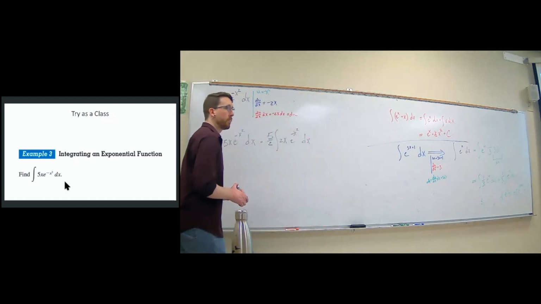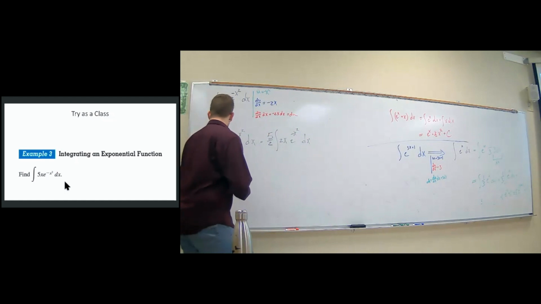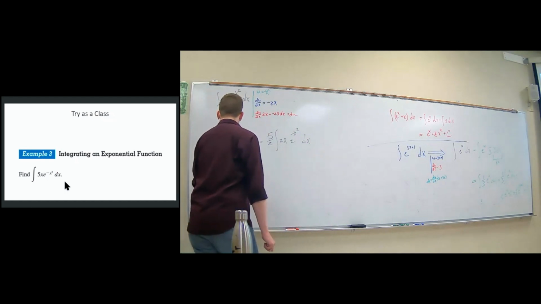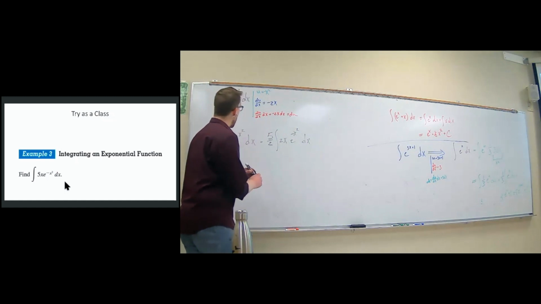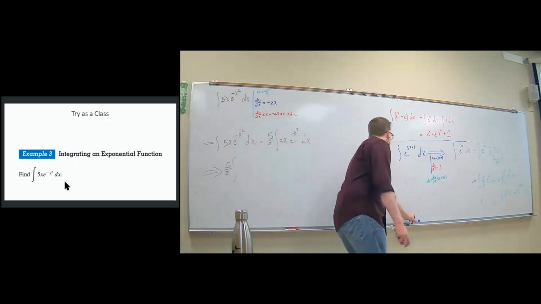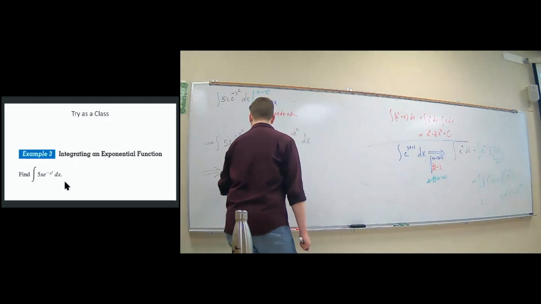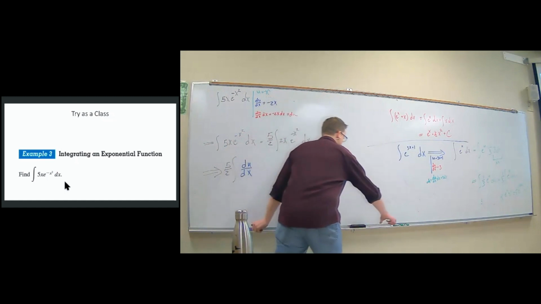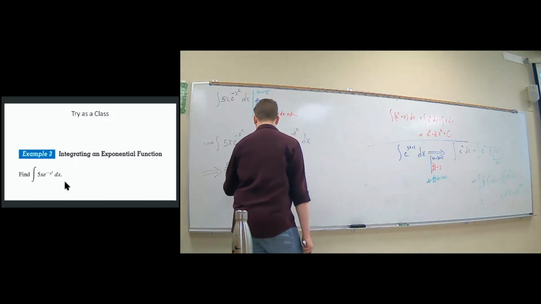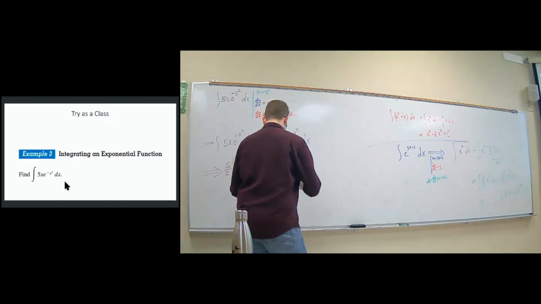Agreed? So when we go to substitute everything back in, we have 5 over 2 times du/dx times e to the u times dx.